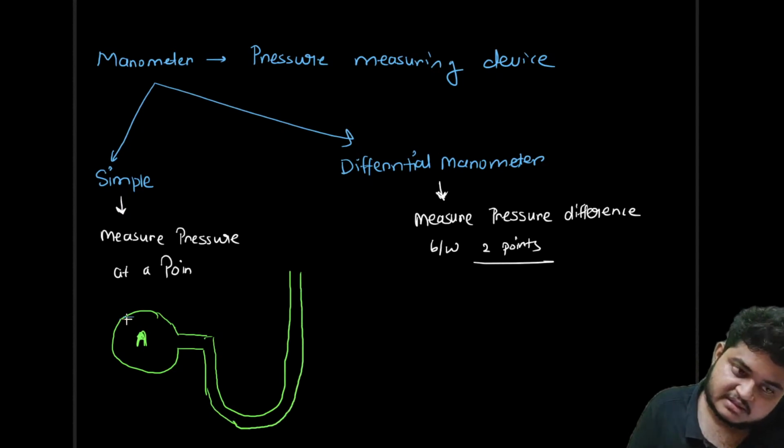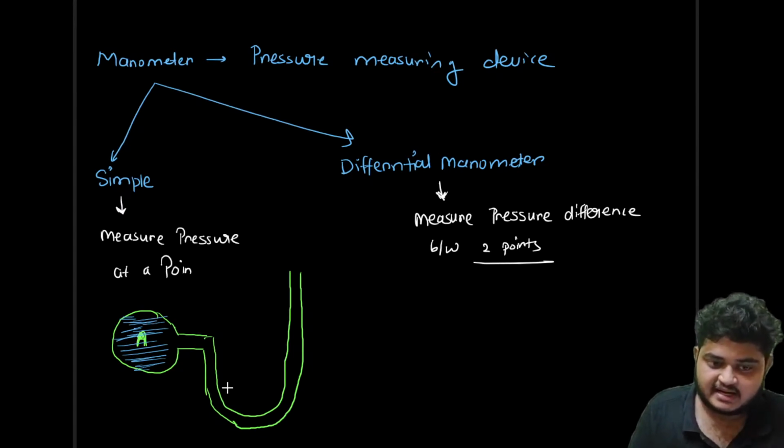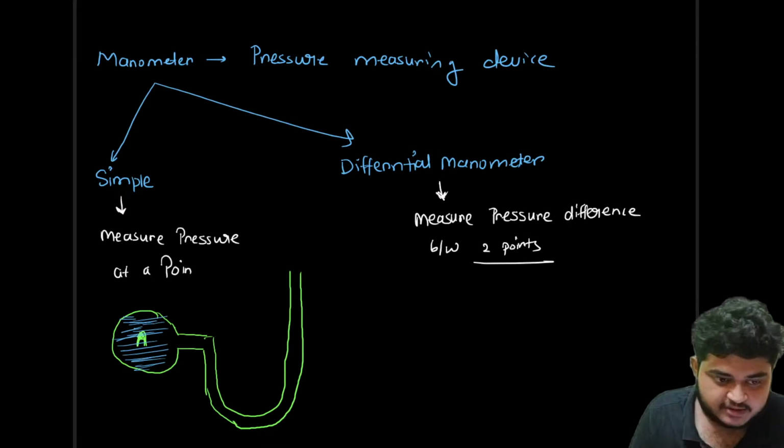इसमें in this pipe there is our fluid, that is actually the fluid which we want to measure the pressure, and in this U-tube manometer we have the manometric fluid. Let us see.